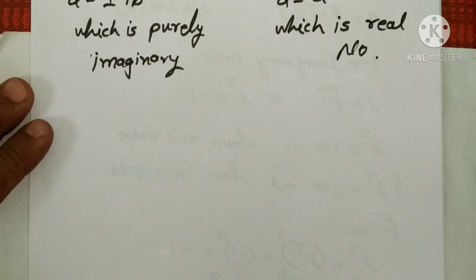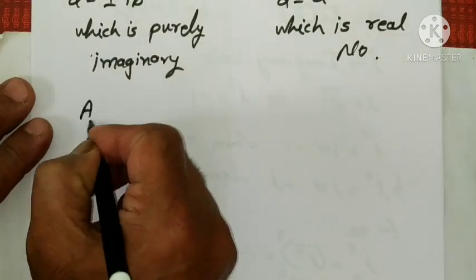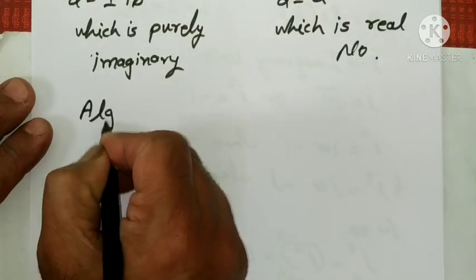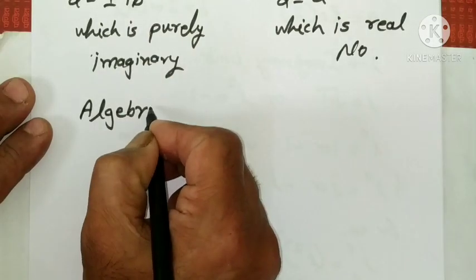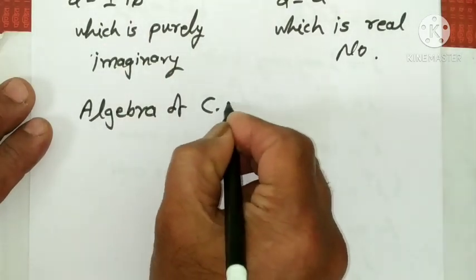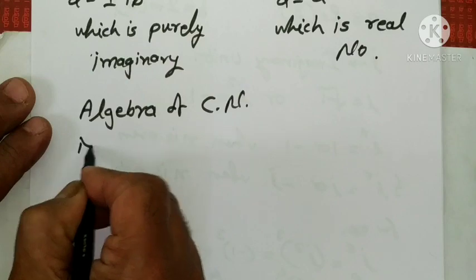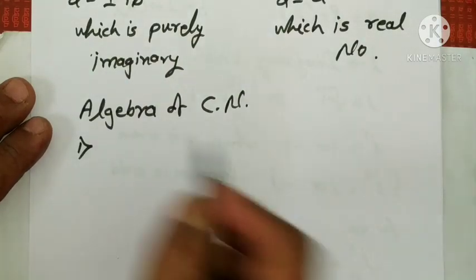Algebra of complex numbers. First point, conjugate of a complex number.